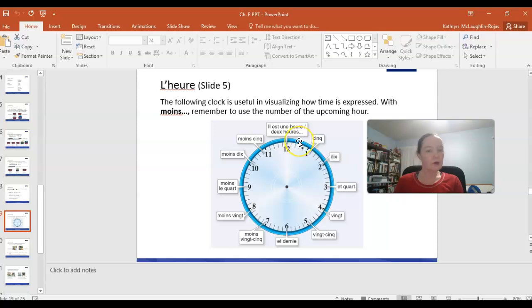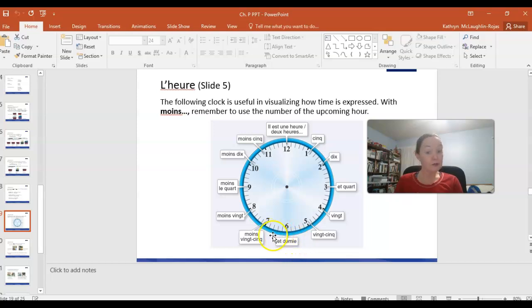So you could say, for example, il est 2 heures 5, il est 2 heures 10 for 10 after, il est 2 heures et quart, il est 2 heures 20, il est 2 heures 25, il est 2 heures et demie. And if I'm using a time other than 12, a midday or 12 midnight, I spell that et demi with the E on the end.